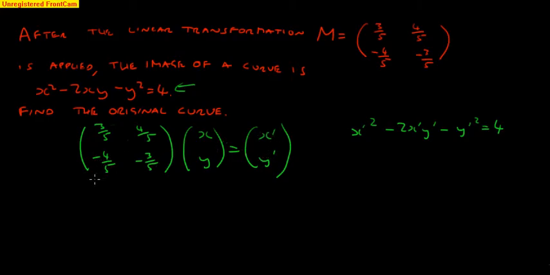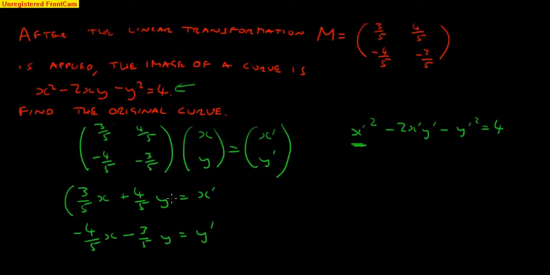From our matrix here, we could just multiply this out, and when you multiply out this matrix against xy, what you find is that you get 3/5 of x plus 4/5 of y equals x dash, and you get minus 4/5 of x minus 3/5 of y equals y dash. And then we will substitute, instead of x dash in this equation here, we will write in all of this, and then we'll square it and so on.